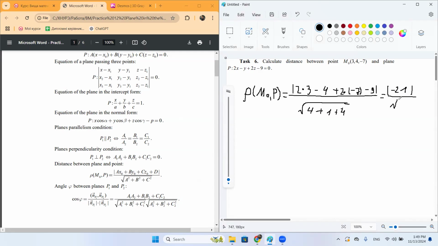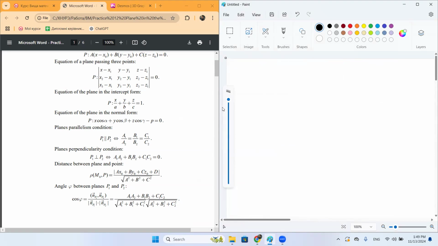So 21 by square root of 9, so it's basically 21 by 3, and the final answer is 7. So nice. Easy to calculate. Any questions about this task? Okay, no questions, so moving to the next task.